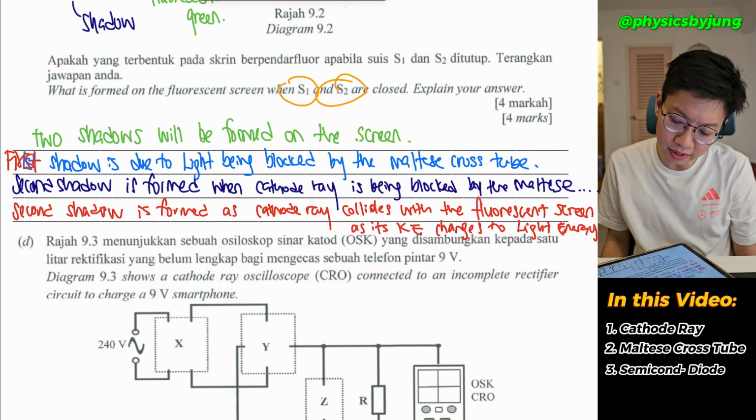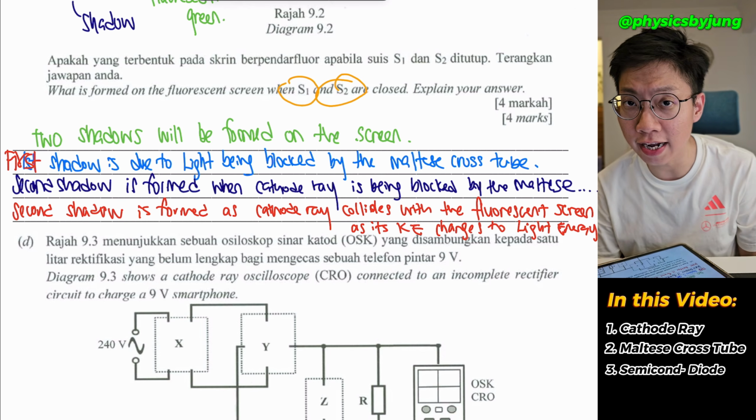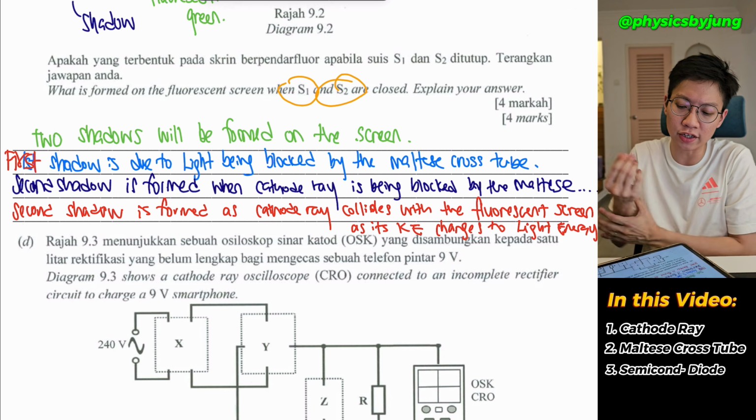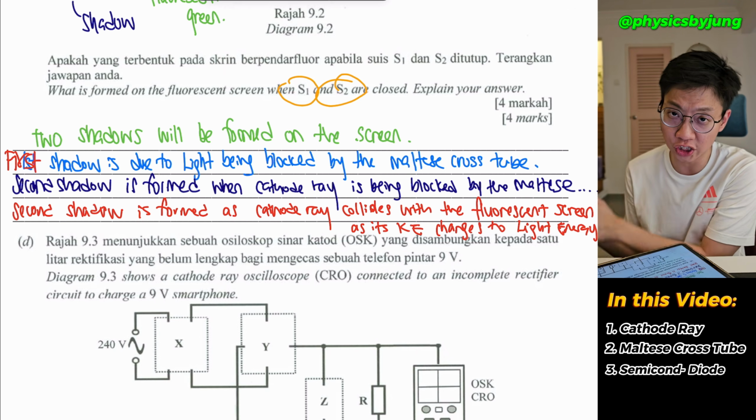So what happens here is that when your kinetic energy changes into light energy, then you actually form the second shadow.